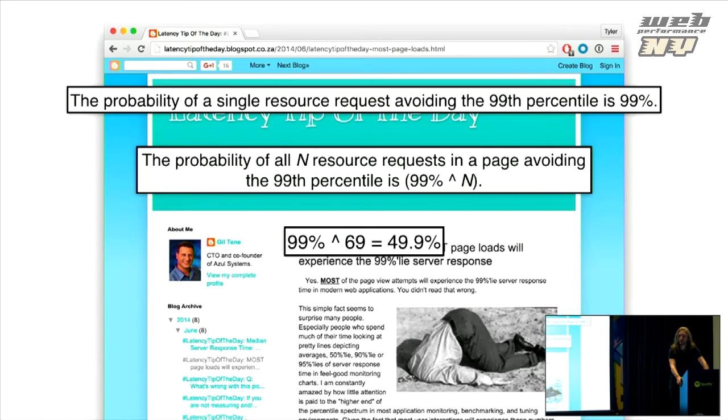Facebook has well over 200, and CNN had 700 before onload was triggered, which means that at least in that last case, they weren't just hitting the 99th percentile of latency, they were hitting the 99.9th percentile of latency on most page loads. So this long tail latency really, truly does matter.